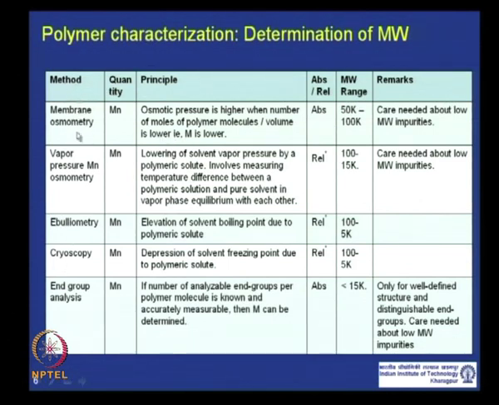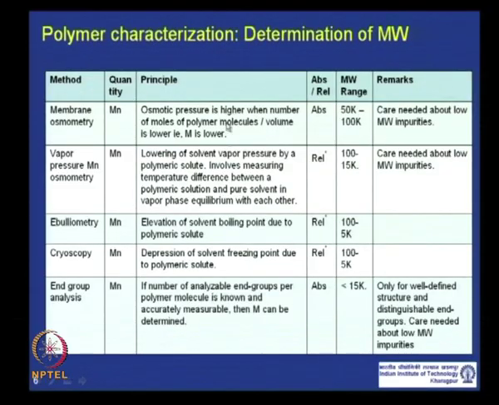These are the different techniques, and I have just listed the principles. Some of these techniques are absolute techniques, which means you do not require any calibration by polymers of known molecular weight. You can divide these techniques into two types.